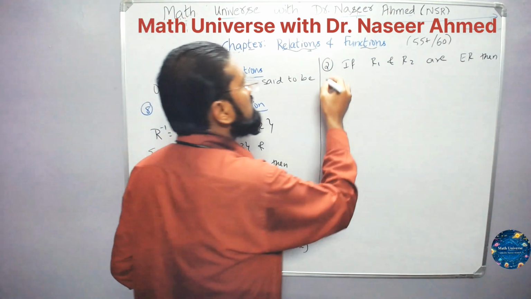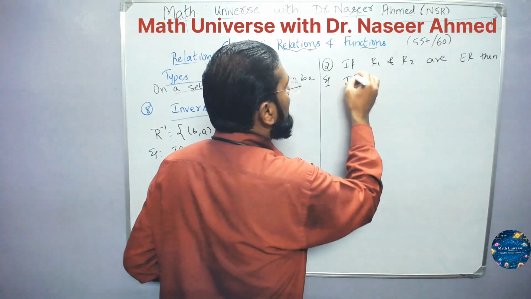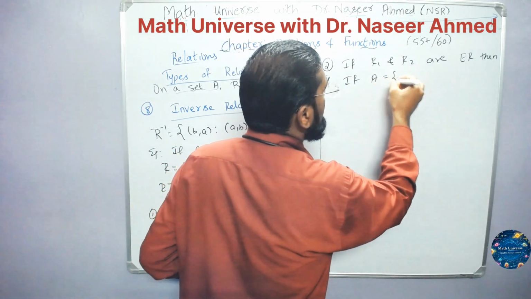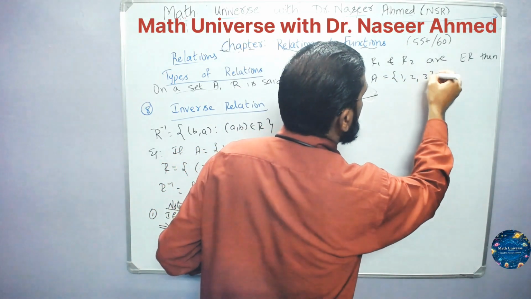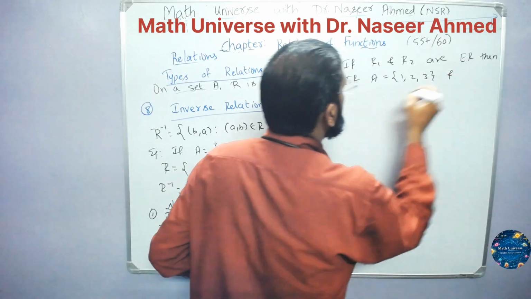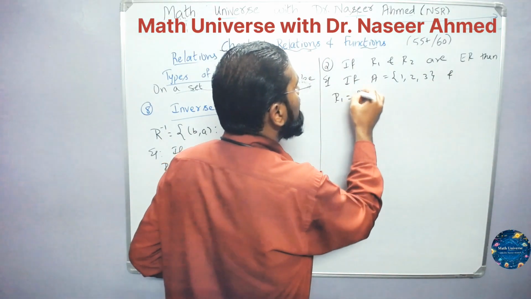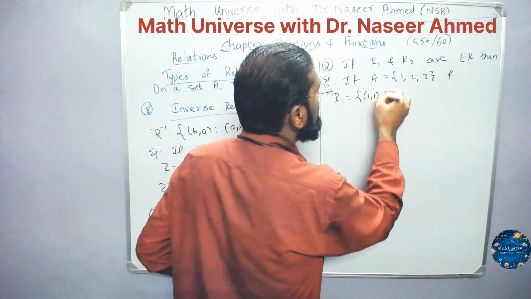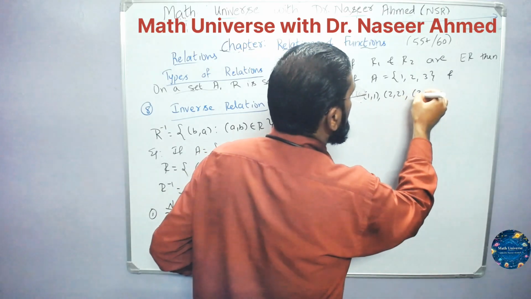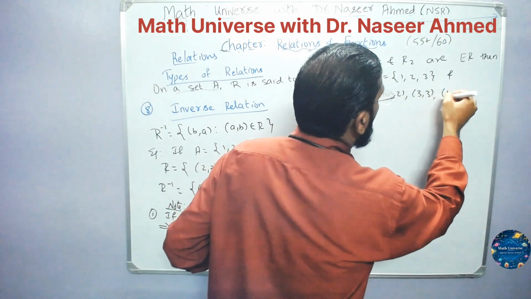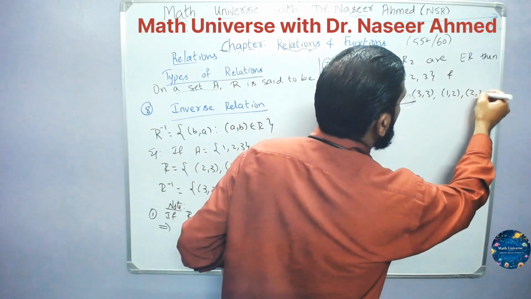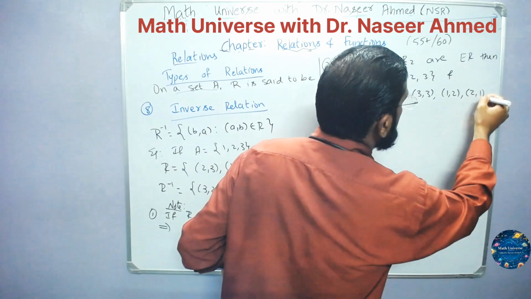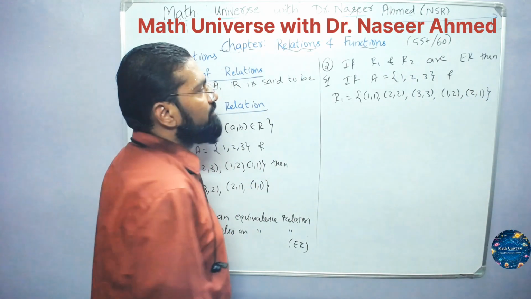So let us suppose I consider set A to be 1, 2, 3 and there are two relations. R1: 1 comma 1, 2 comma 2, 3 comma 3, 1 comma 2, 2 comma 1. Come on, check whether this is an equivalence relation or not.